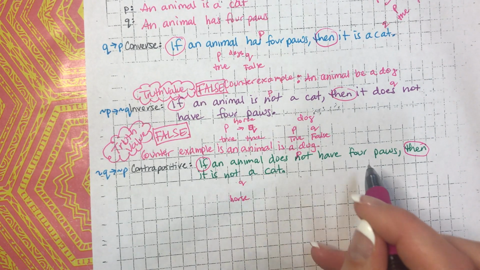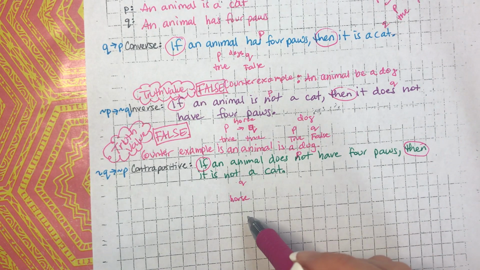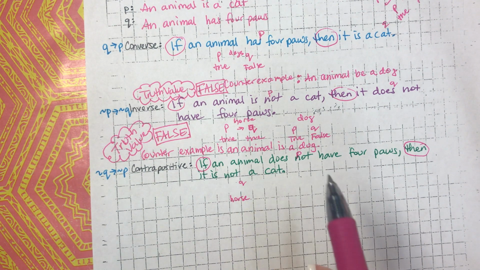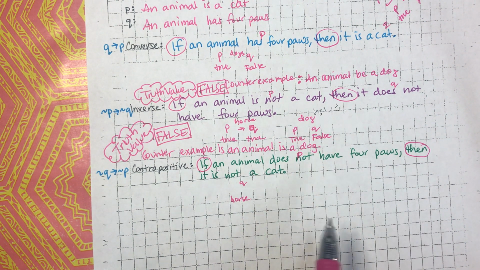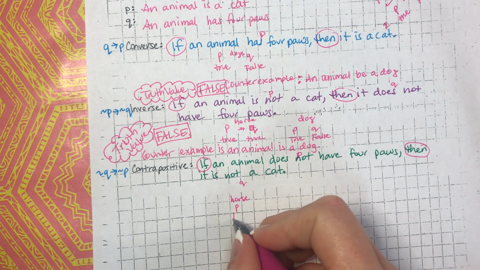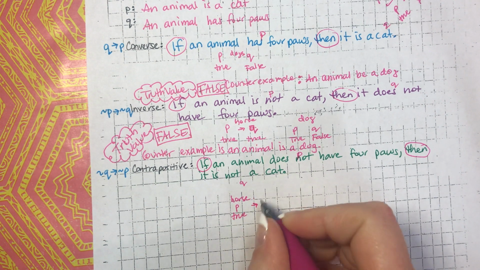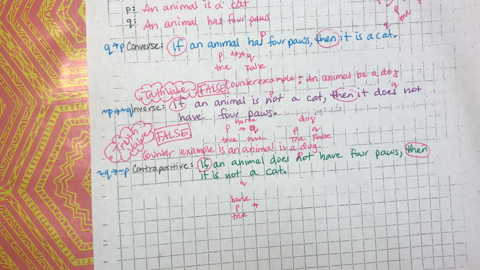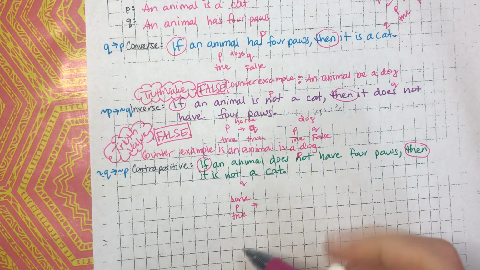If an animal does not have 4 paws, horses have 4 hooves. They don't have 4 paws. So if an animal does not have 4 paws, okay, horses don't have 4 paws. So that would be true. Then it is not a cat. Well, yeah, a horse is not a cat.